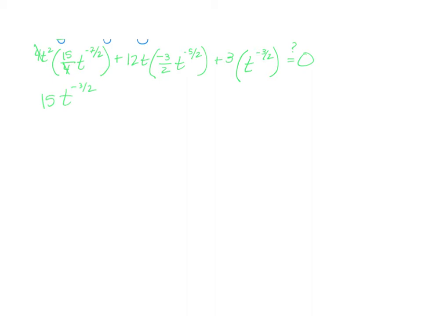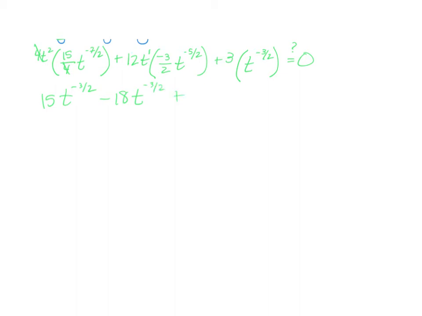Plus, okay, so 12 and the 2 in the denominator, that would give me 6. So I have negative 18 t to the, I have t to the first times t to the negative 5/2. You're going to add the exponents, and you get negative 3/2.